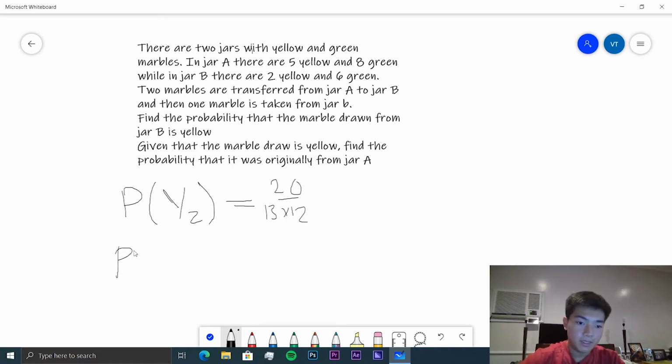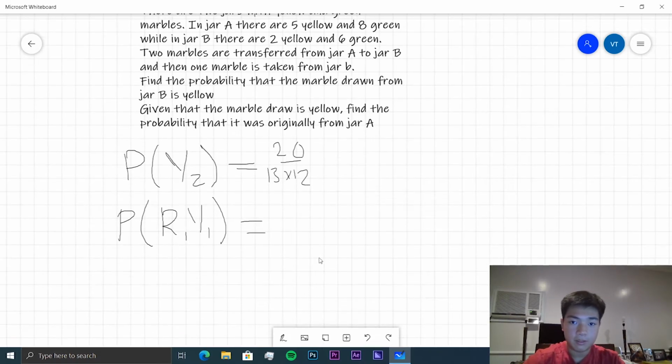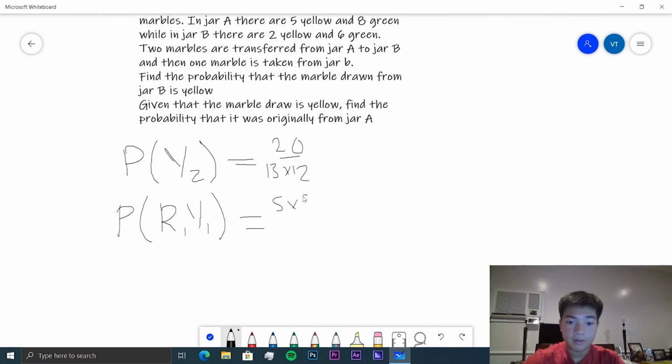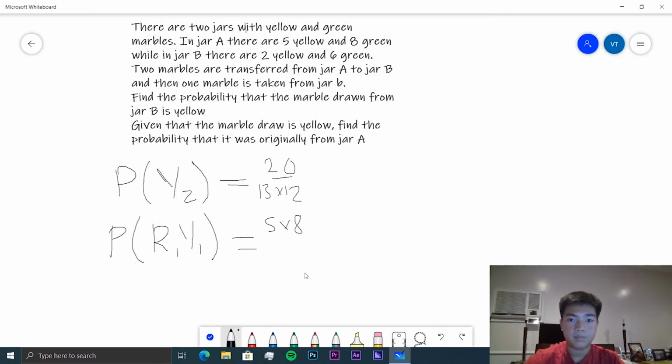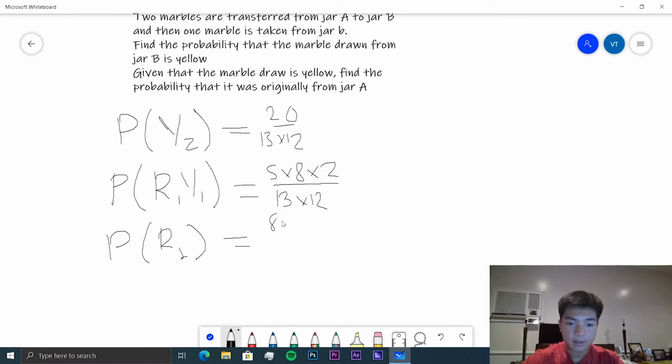The probability that 1 green and 1 yellow marble are transferred is equal to 5 times 8 times 2 divided by 13 times 12. And the probability that 2 green marbles were transferred is equal to 8 times 7 over 13 times 12.